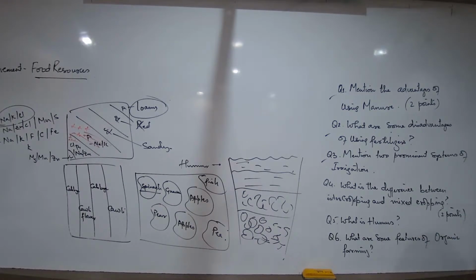Come to the third difference. Intercropping: this method helps in utilization of nutrients and also minimizes crop failure. That is for intercropping.